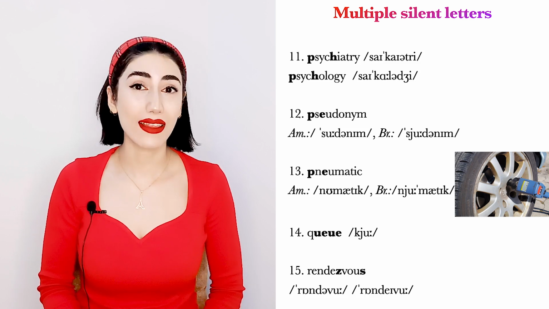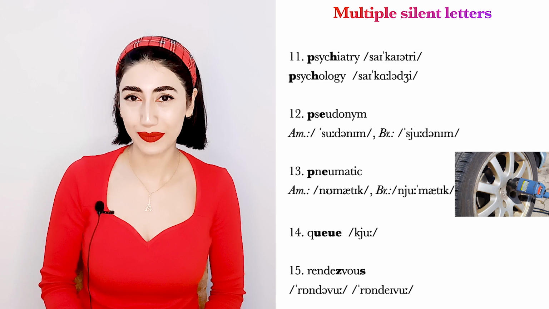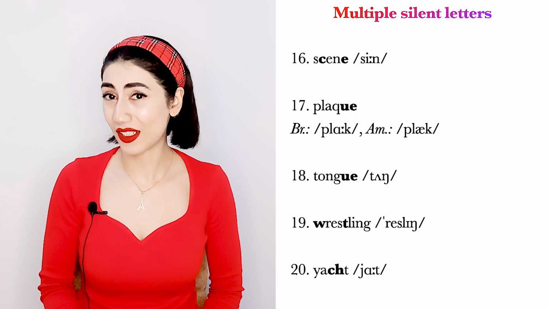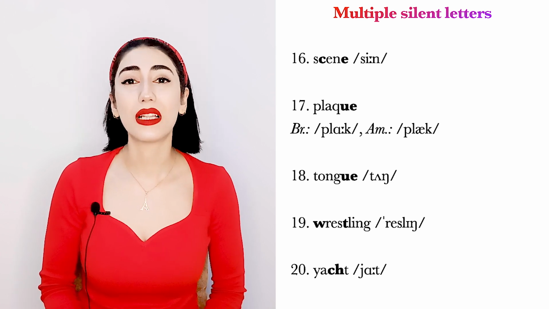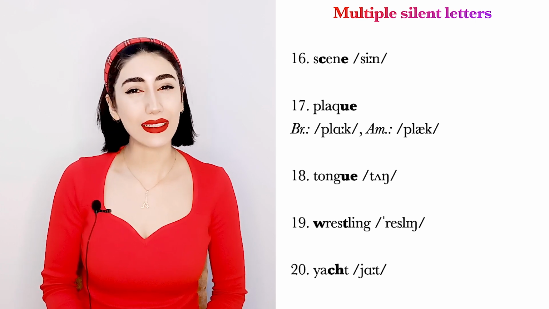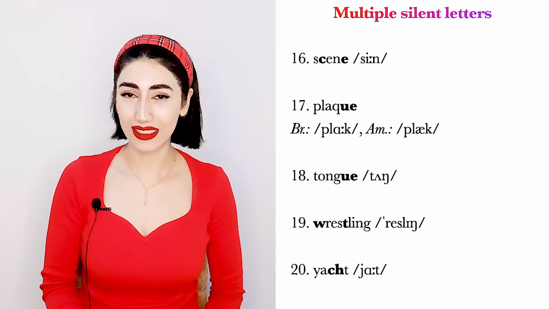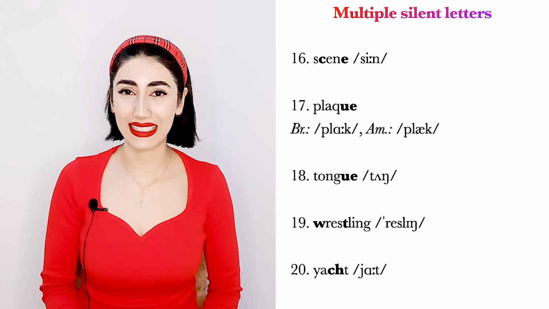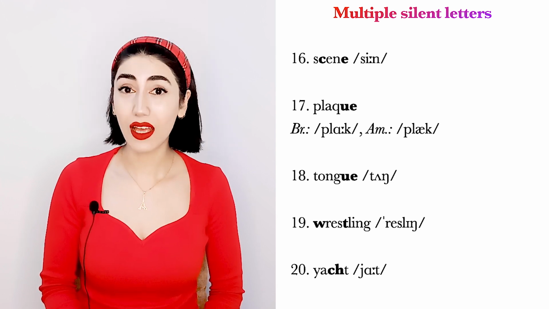And then we had this as the last word, rendezvous or rendezvous. Scene, you see both C and last E are silent. Plaque, the British pronunciation, and plaque, the American pronunciation. With this form of UE at the end that are silent, we also have tongue. Then wrestling, no W, no T. And the last one, yacht.